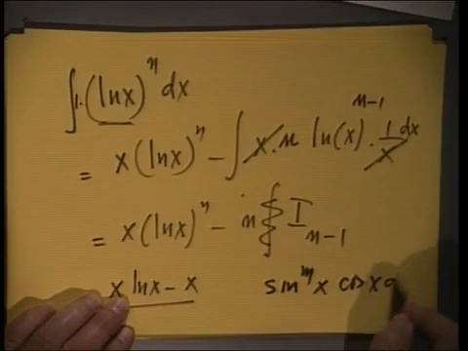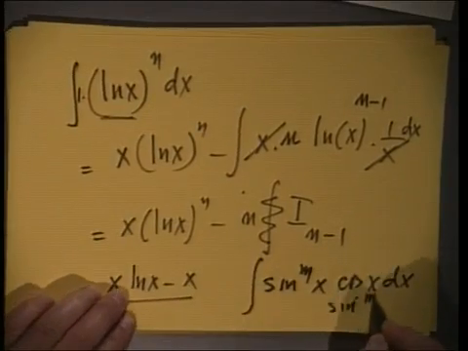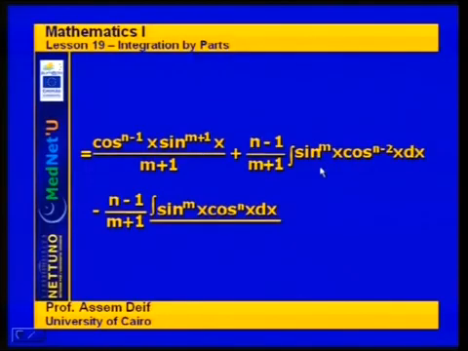Suppose n is odd, and at the end you end up, for example, with sine to the power m times cosine x. What is the integral of this? It's directly sine to the power m plus 1 divided by m plus 1, etc. So in fact, you are able to reduce your expression, your indefinite integral, which you seek to calculate, and it looks complicated.